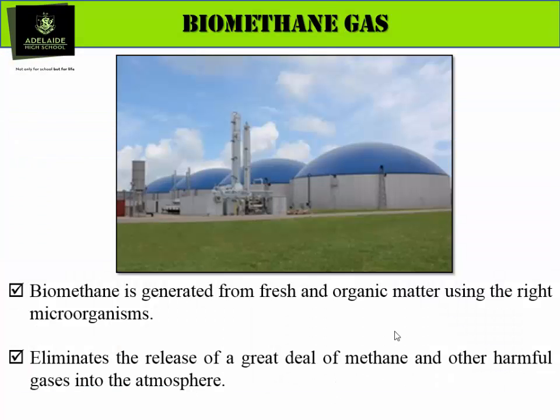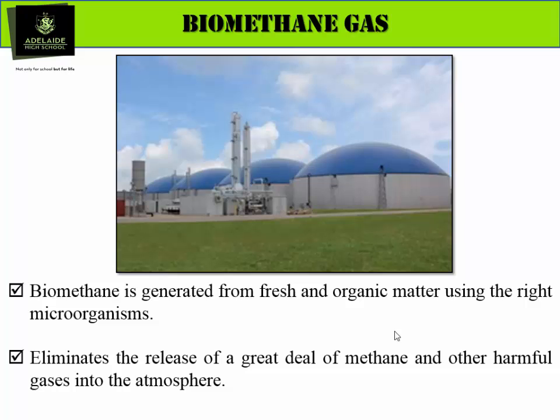The fourth one, biomethane gases. Right, methane is another gas which contributes towards the greenhouse effects, just like carbon dioxide. And methane is actually generated from the decaying of organisms, for example. All right, and this will be linked very beautifully with stage 2 chemistry if you're learning a little bit more in detail.